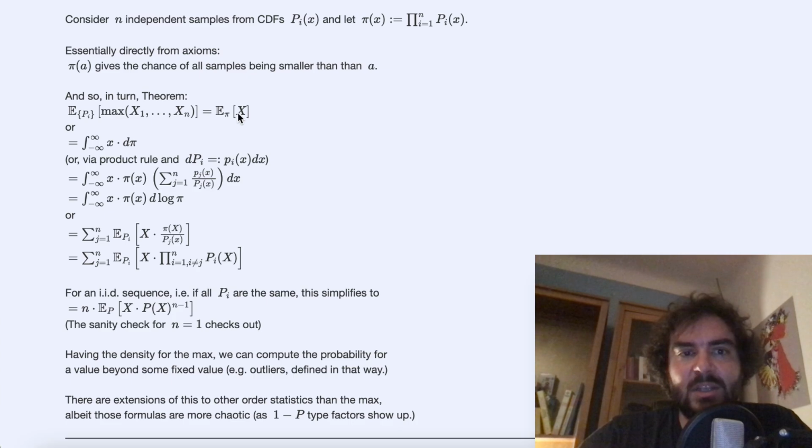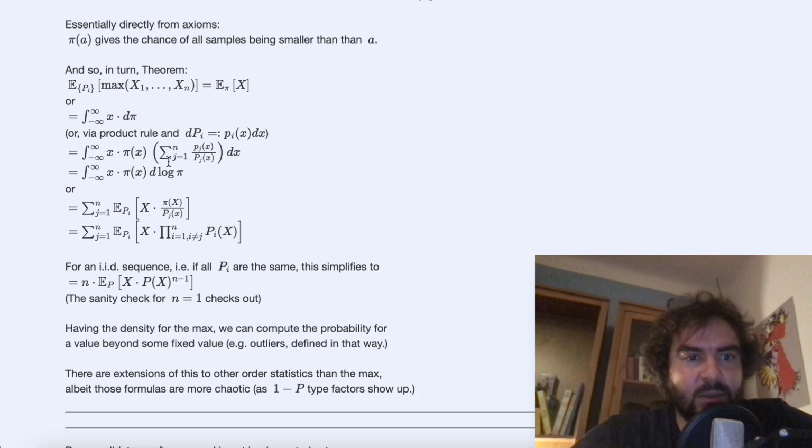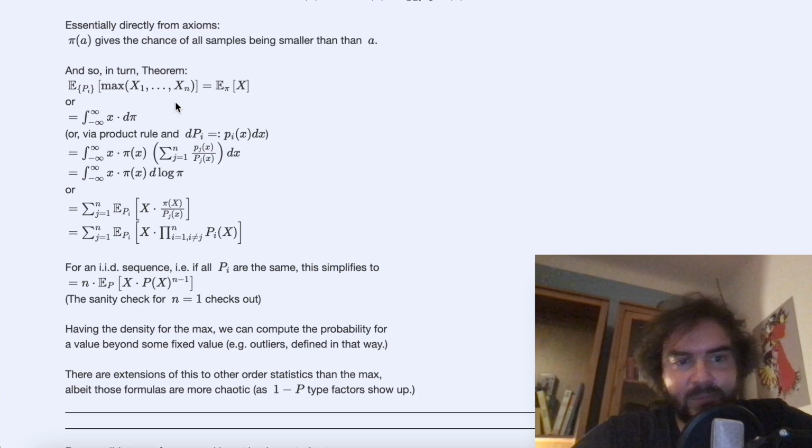It's just another expectation value with a particular distribution, and so it is this kind of thing, the integral over the domain. I chose minus infinity to infinity, but it could probably be generalized a lot. The x is as in the definition of the expectation with respect to this distribution, to this measure, if you want. And then here I've written down a lot of ways to rewrite this.